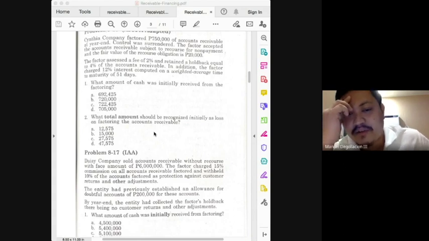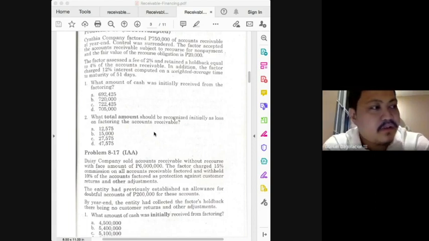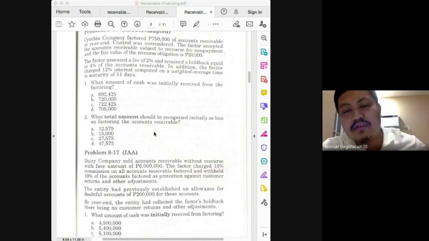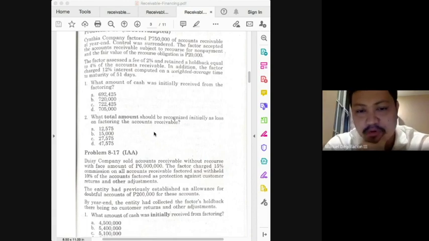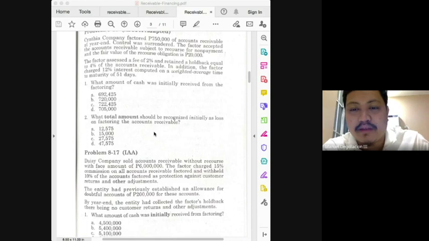Although that may be correct in some problems, that's conceptually incorrect, because the recourse obligation does not affect your cash proceeds, and then the holdback affects your cash proceeds, but it's not a component of your loss on factoring. Just remember the common components of your loss on factoring would be the factor's fee, the interest charges, and the recourse obligation. And remember that you will only have the recourse obligation if the factoring is with recourse.